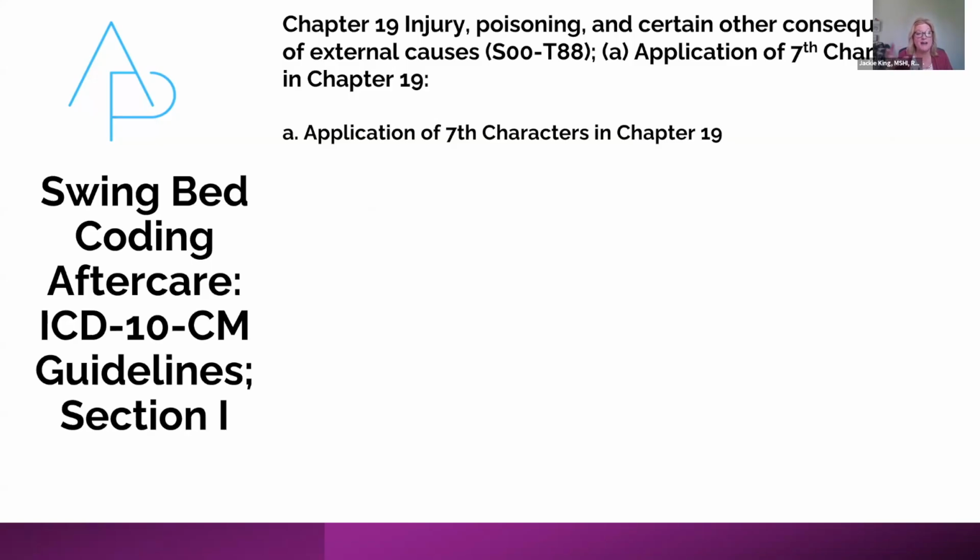Then that's going to be an A or a B, depending on whether it was an open or a closed fracture. But if they're in the routine healing subsequent time frame, they're going to have a D, or potentially if they're not growing, the bone isn't growing together, there may be another character. And then if it's years later and they're having issues, they're having osteoarthritis or pain when it's cold, it's a late effect. It's a sequela, which is the S.